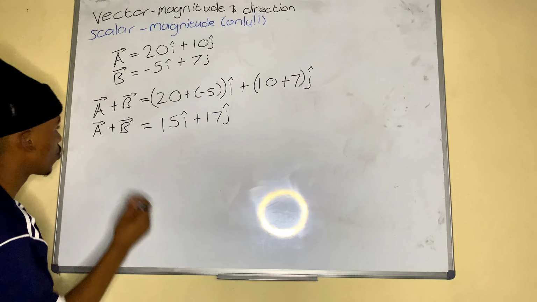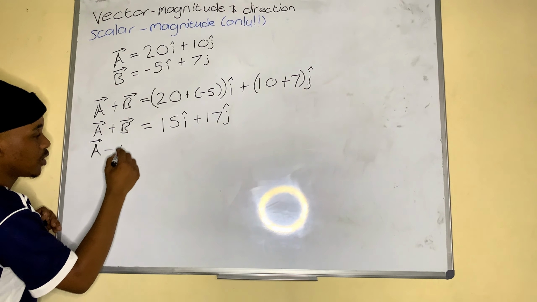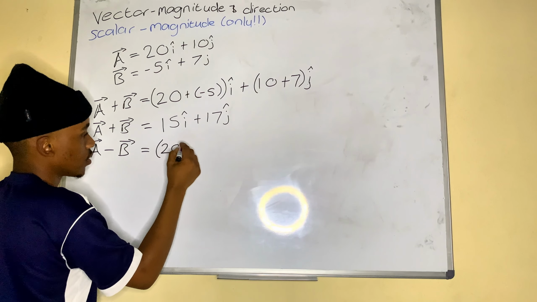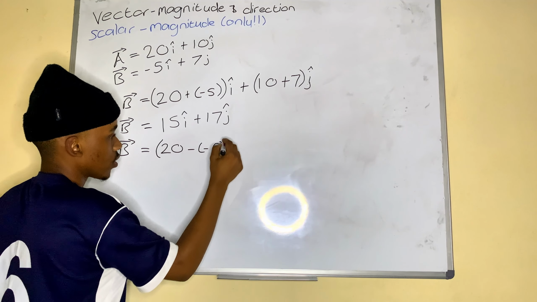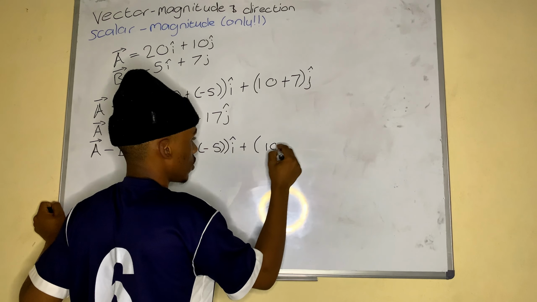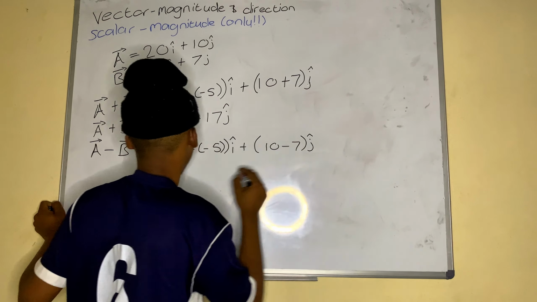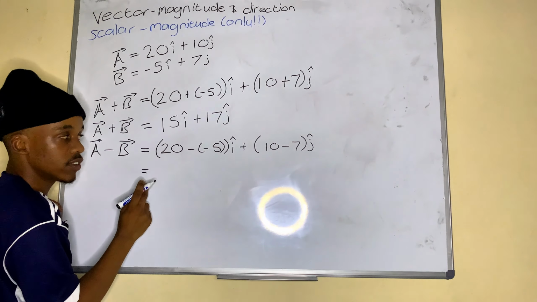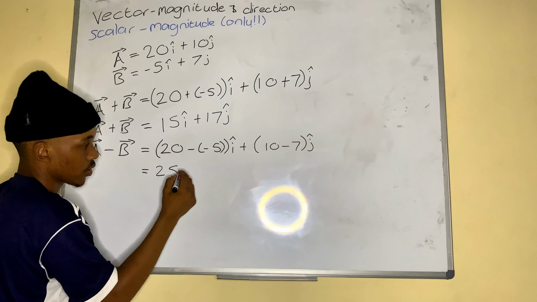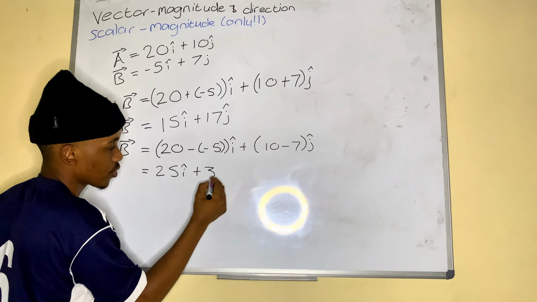And so if we work on a subtraction problem where we subtract vector B from vector A, matching the components again, we'd have negative multiplied by negative, which gives me a positive. 10 minus 7 gives us a positive 3.